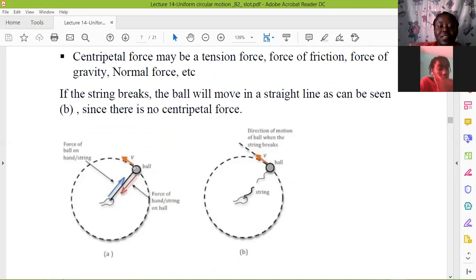If you have a bob which is attached to a spring or to a string or a rope, then the force on this object pointing toward the center is a tension force. It just depends on what it is attached to. If it is not attached to anything and is just moving, is it due to the gravitational force, or a normal force? We will see more later as we go through the class.